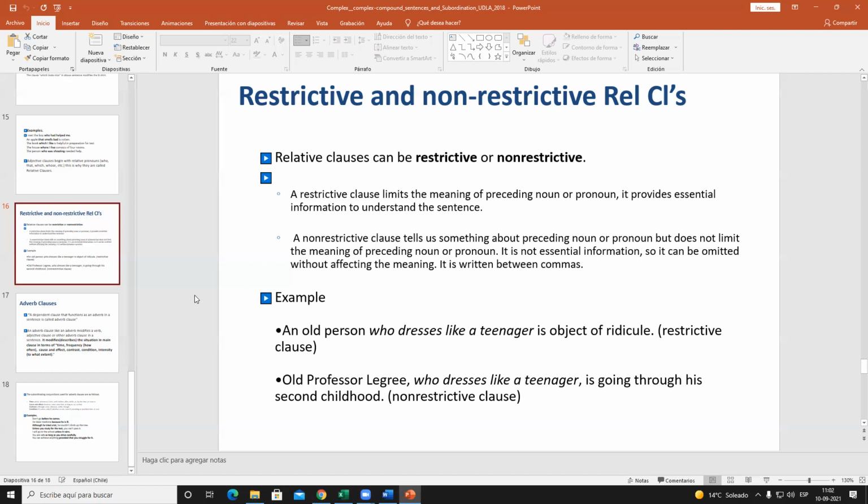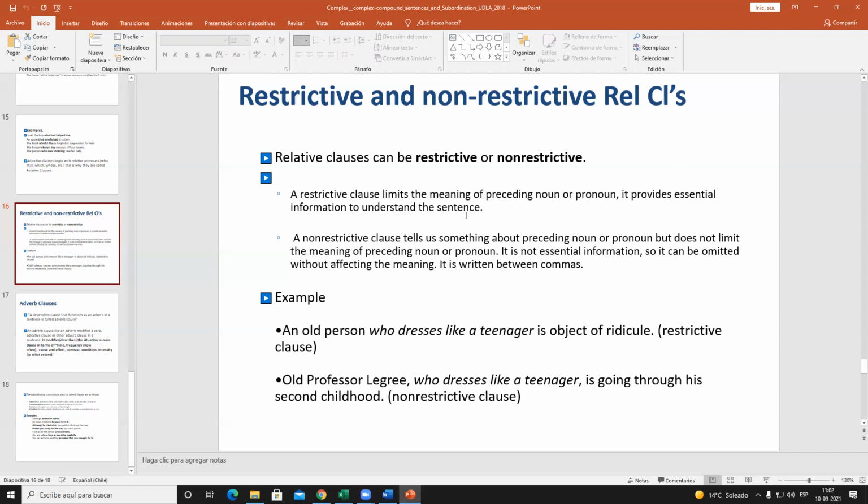In my summary, I would say this: a restrictive relative clause provides obligatory information, and as it is obligatory, it is a complement. You can't erase that. Meanwhile, non-restrictive clauses provide optional, non-obligatory information, therefore they are post modifiers, right?